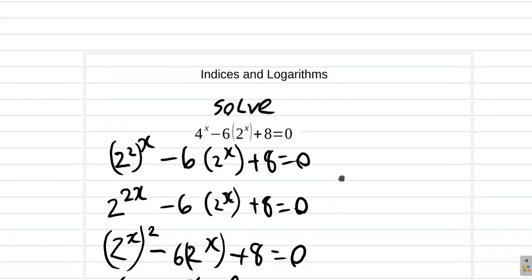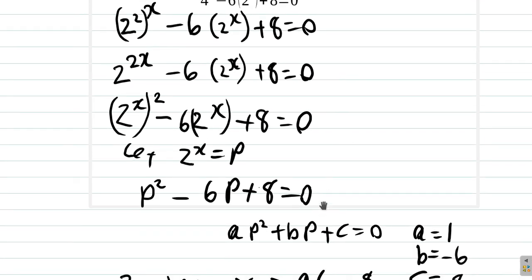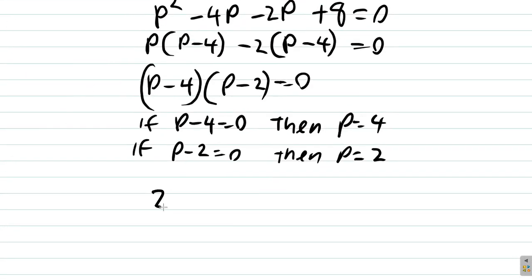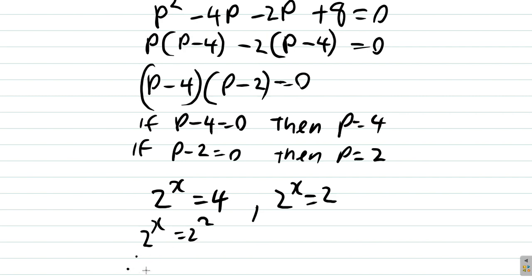Now, p is 2 to the x. So 2 to the x is equal to 4, and 2 to the x is equal to 2. When 2 to the x is equal to 4, what you have is 2 to the x equal 2 to the 2. So therefore x equals 2.